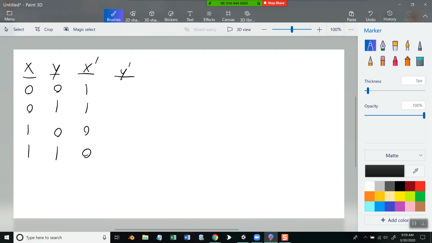This would be 1, 0, 1, 0. And I suppose you could try lots of different combinations so you'd see which one matches, X, Y, X plus Y, and so forth, to visualize it.